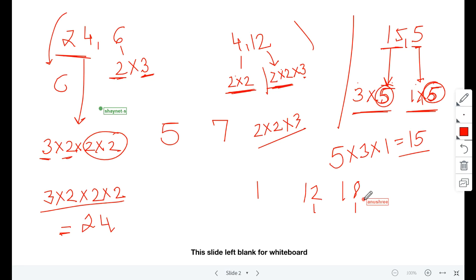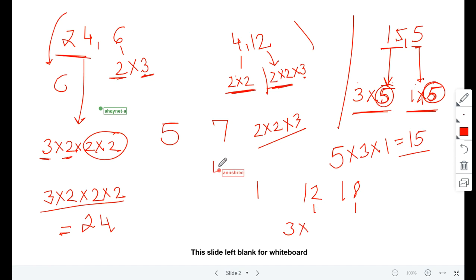What are the prime factors of 12? Tell me what the prime factors of 12 are. 3 multiplied by 4.